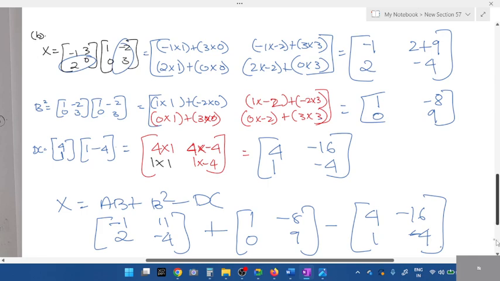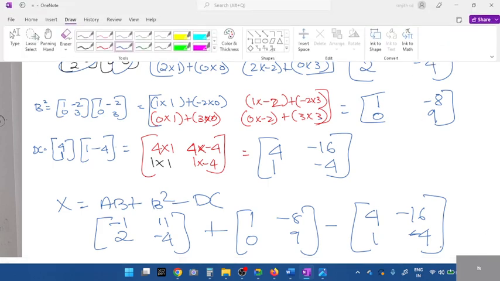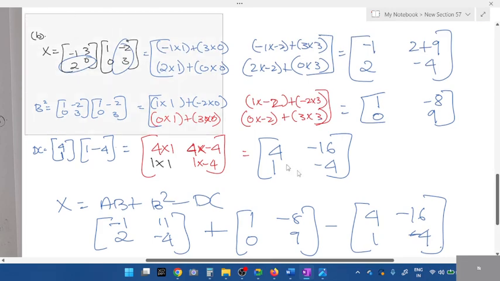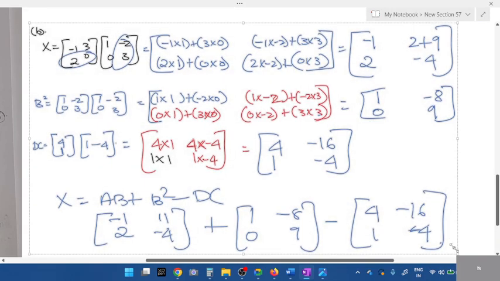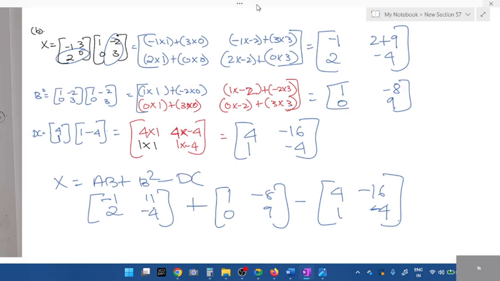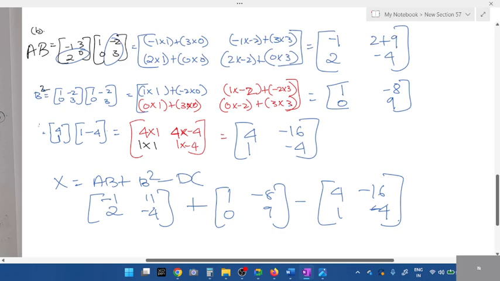Is my voice audible to all? All of you understood this calculation part? The first and second would have been easy, students. The third part, look at this x value. AB was easy, B square is fine, you all can do.